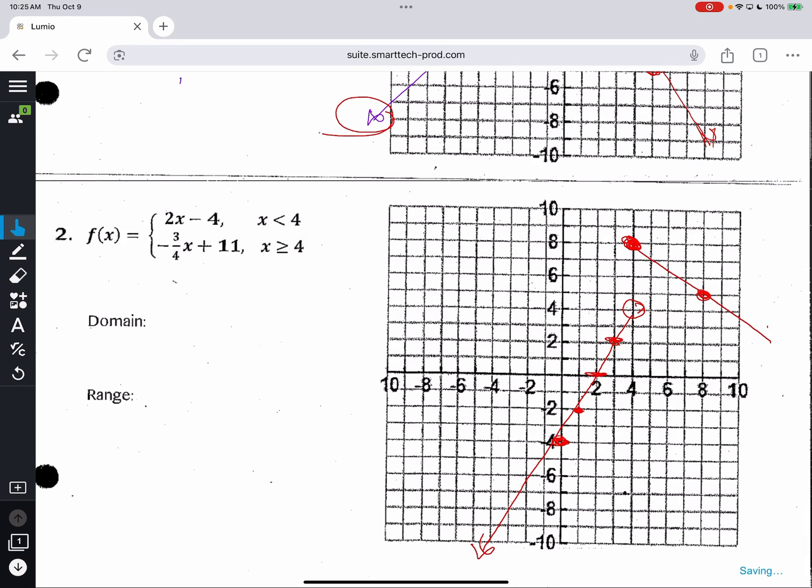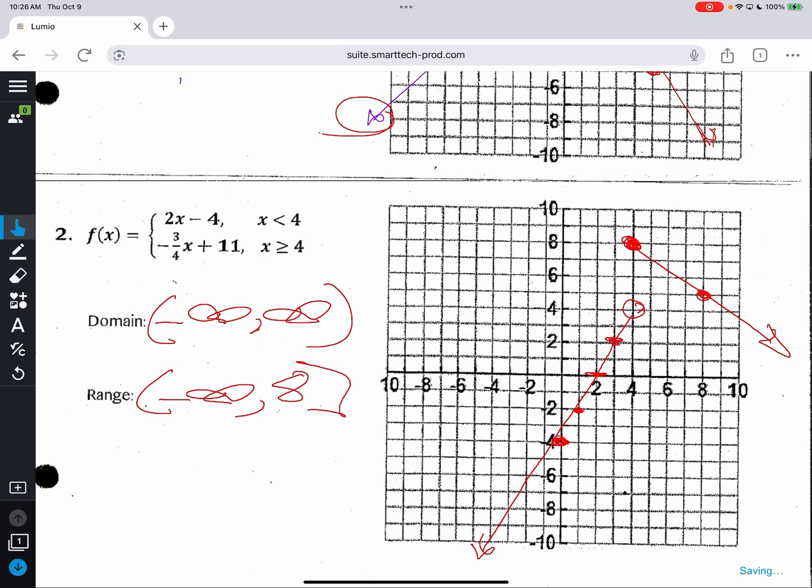And we would draw that way. So what would your domain be? And so there's a break, but they're still on the same y-axis, so nothing changed. And then 8 bracket.